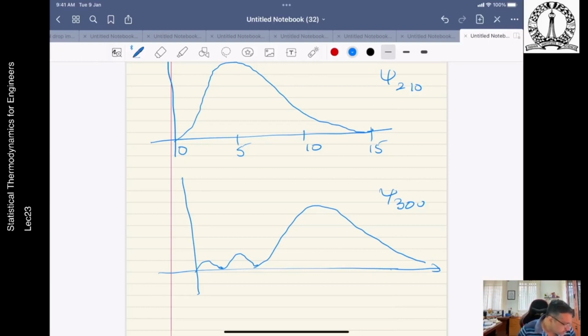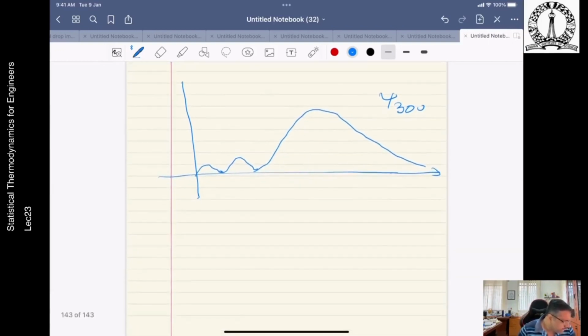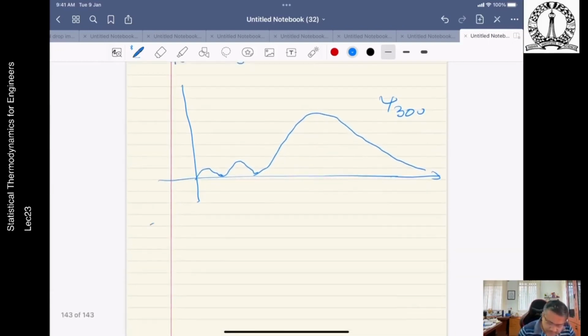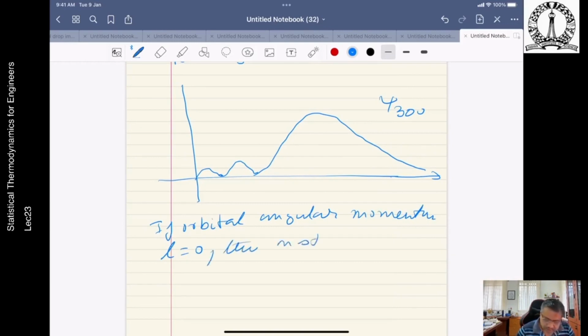Now if the orbital angular momentum l is equal to 0, the most probable locations are depicted as we saw.